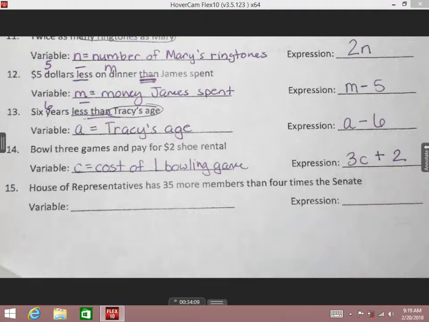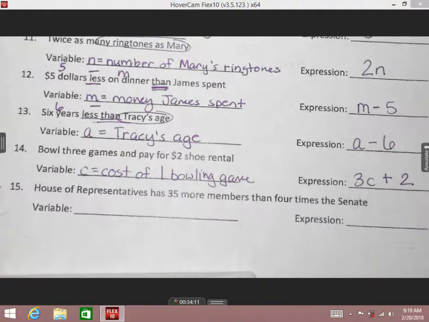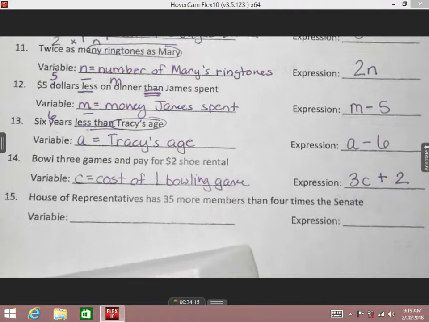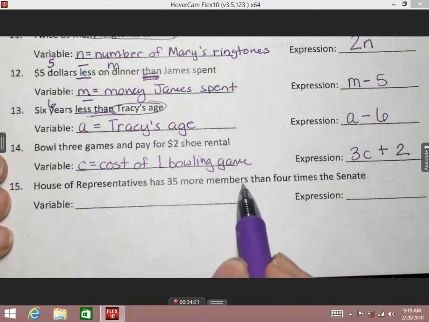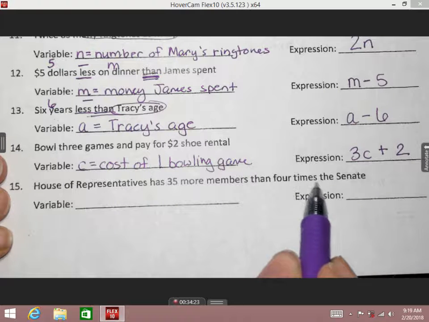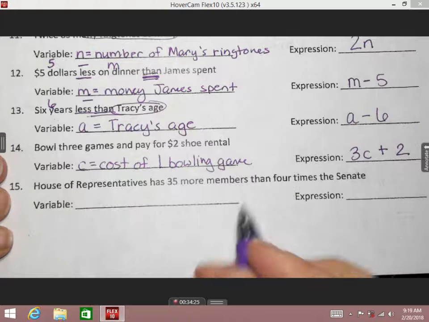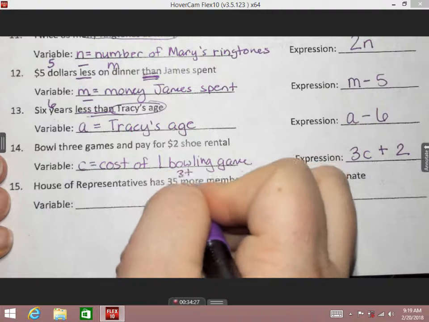Now, guys, these have stars because they are the challenging ones. Most of the ones on your homework are like the first part. Number 15 says the House of Representatives has 35 more members than 4 times the Senate. So let's start right here. It says 35 more.